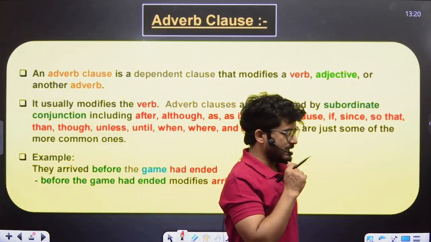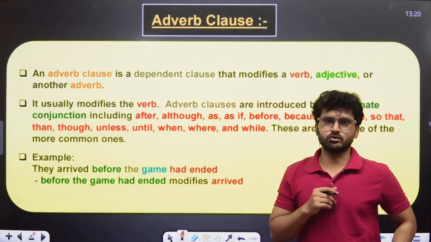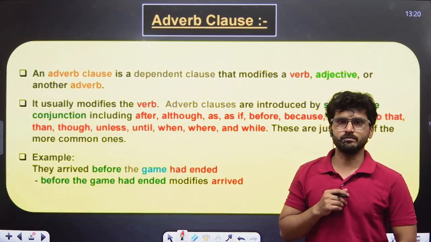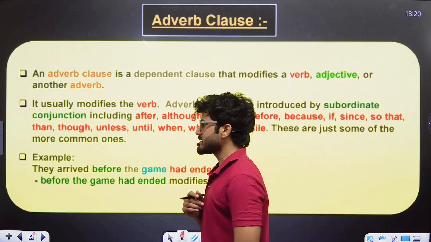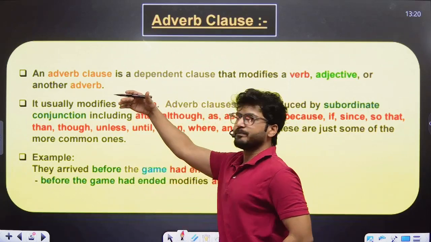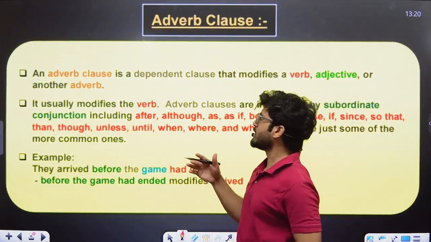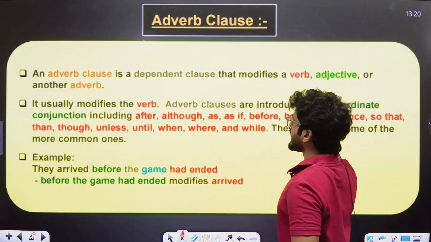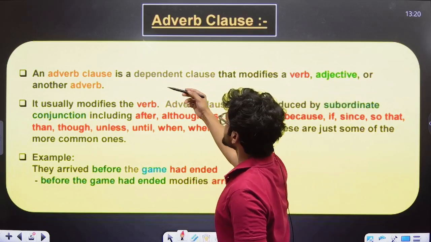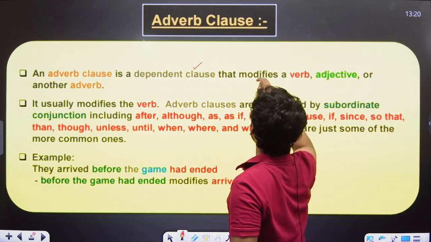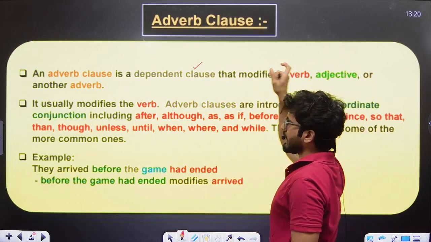Next, here you will see the adverb clause, which modifies the verb. Okay, so here in this case, it does not only modify the verb, it will also modify an adjective or adverb. So an adverb clause is a dependent clause that modifies a verb, adjective, or another adverb.